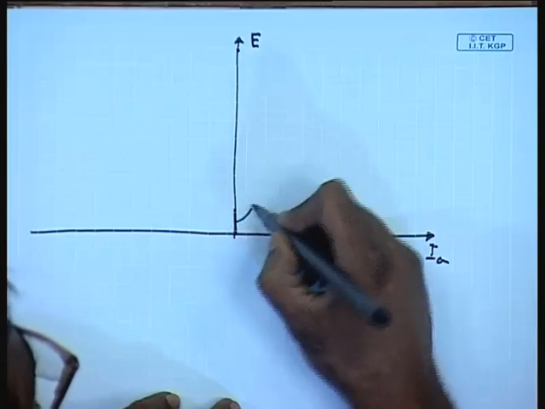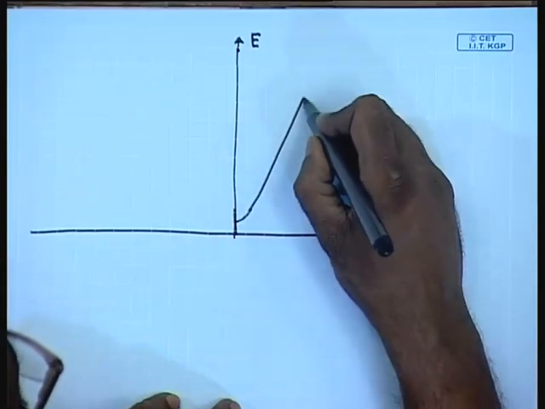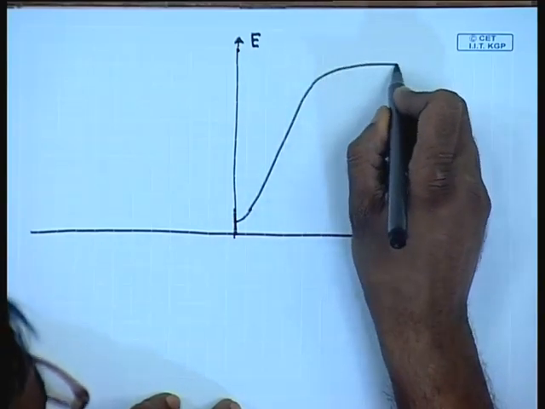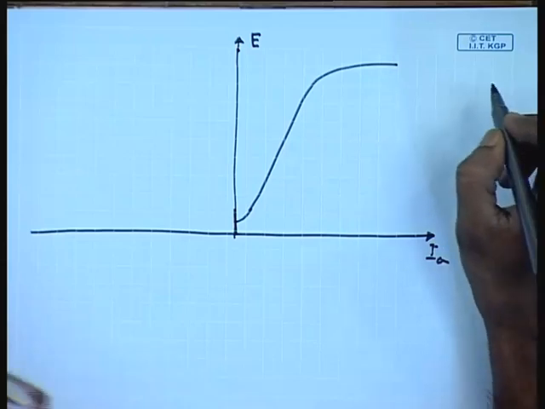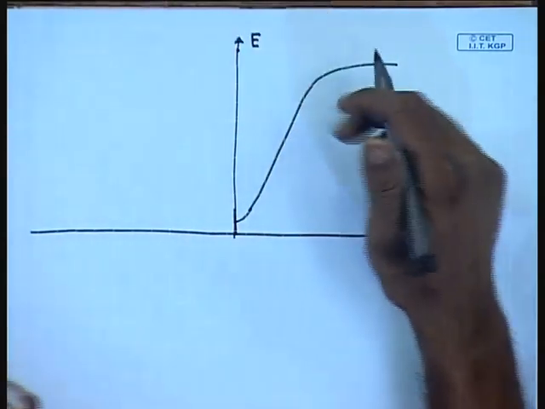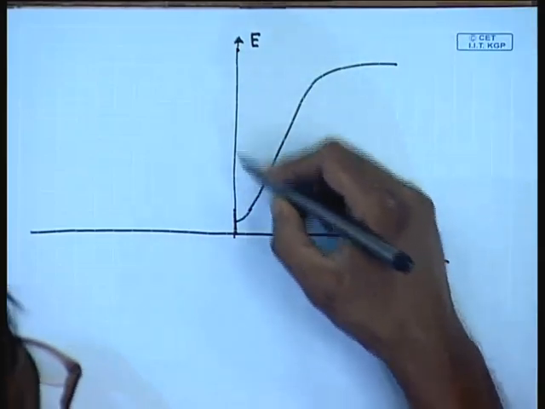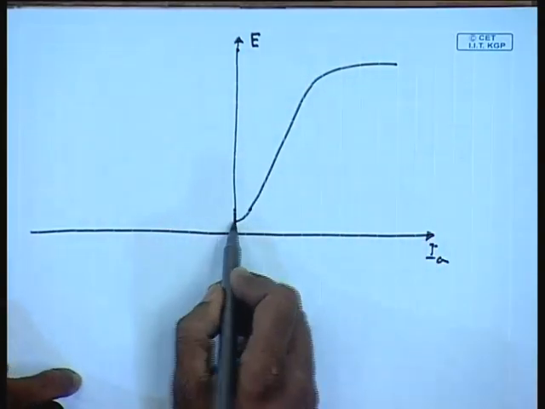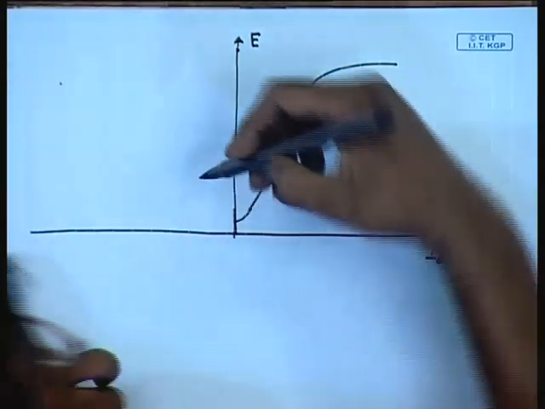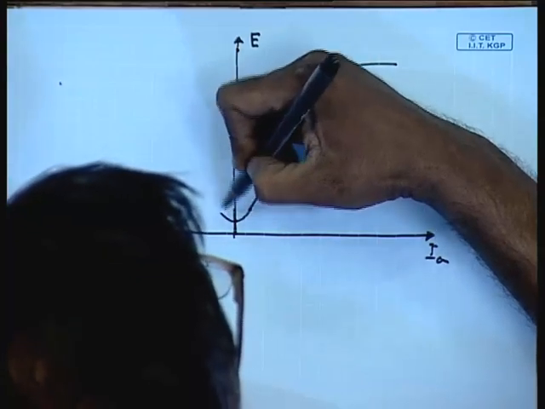If this is the magnetization characteristic of the DC series motor, then when we want to do regenerative braking and reverse the field winding, the same magnetization characteristic will be obtained for negative current now.